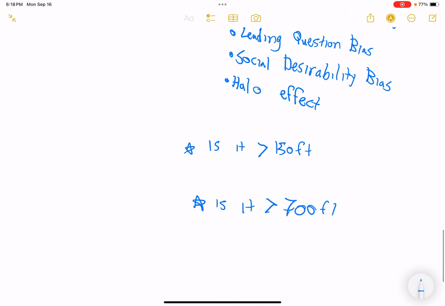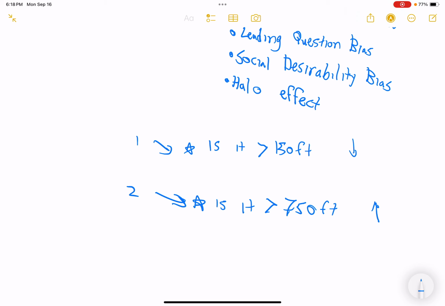And just by having this spare question, either version 1 or version 2 available, that was a form of leading question bias, because it turned out that if the 700-foot question, I think it was actually 750 feet, there was a typo here on my slides, I think it was actually 750 feet. If the 750 feet question was present with the question of how tall the Statue of Liberty was, we got a much higher median height than if the 150-foot question was present there.